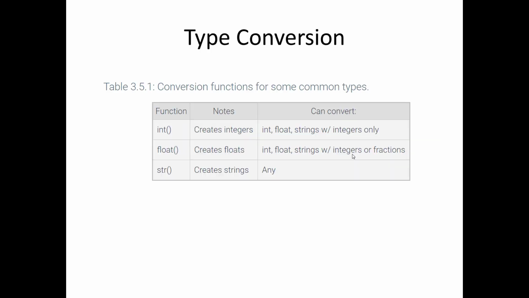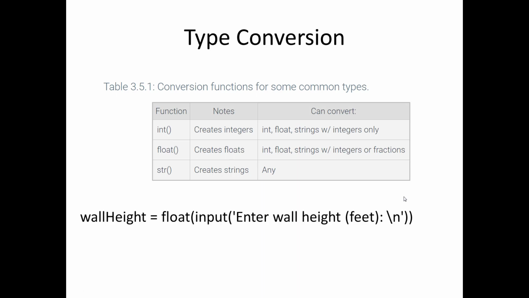There are times when we need to use conversion functions to change data from one type to another. You'll see this in your lab. We'll take in values from the user in a string format, and we want to convert it to a float, so we'll use the float function. Anything that we put inside these parentheses will be converted to a floating point number that can be used for mathematical calculations. One of the things you're going to be doing in your lab is calculating the wall height.